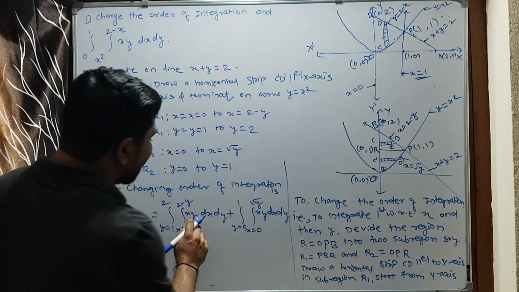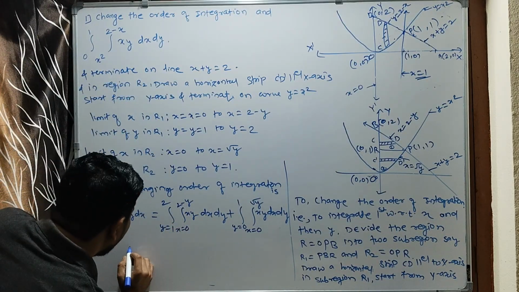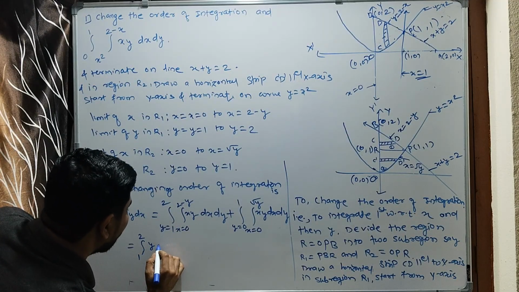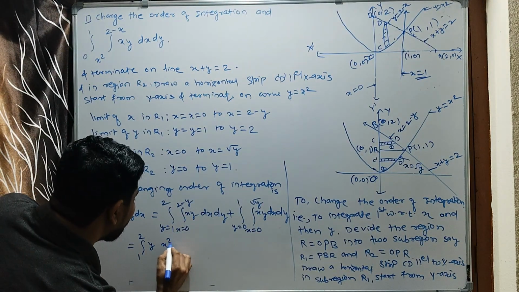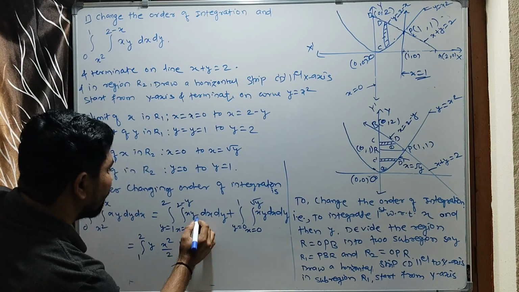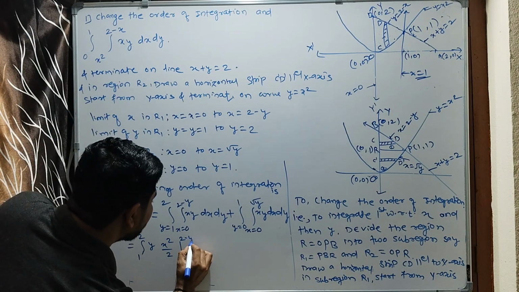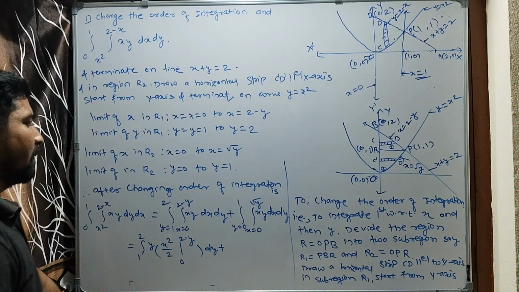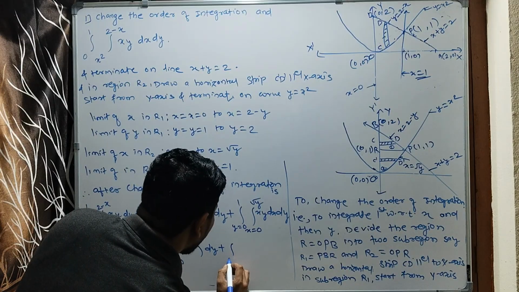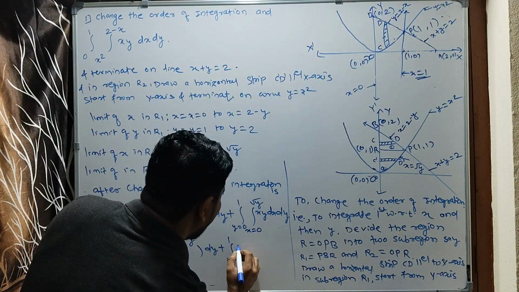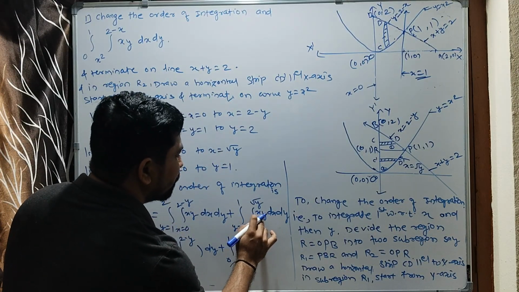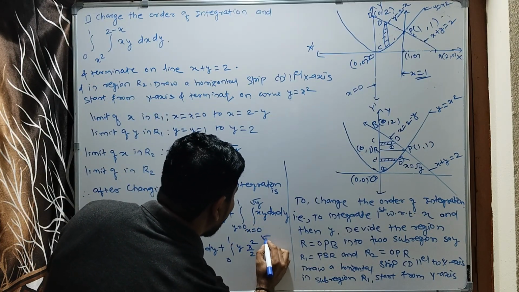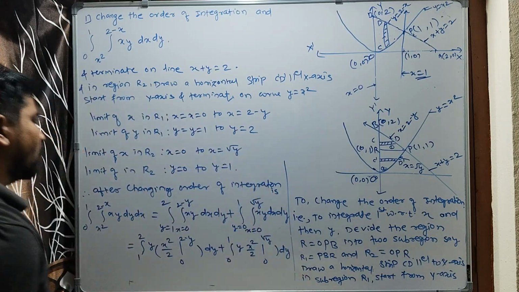Treating y as a constant, this is the integral from 1 to 2 of y times x square by 2, with limits 0 to 2 minus y, dy, plus the integral from 0 to 1 of y times x square by 2, with limits 0 to root y. At last, integrate with respect to dy.